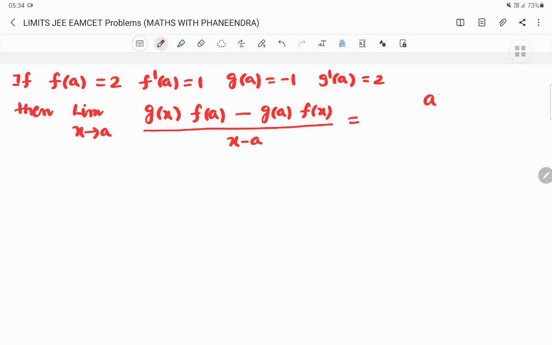Options are 5, 1 by 5, minus 1 by 5, minus 5.